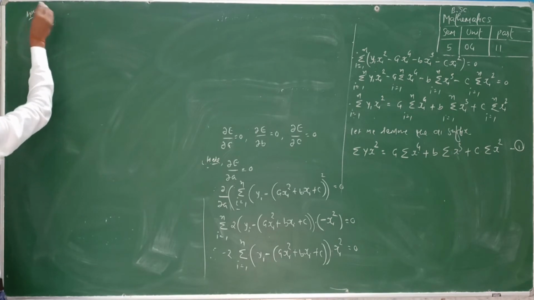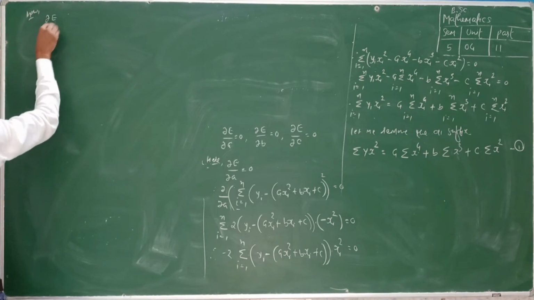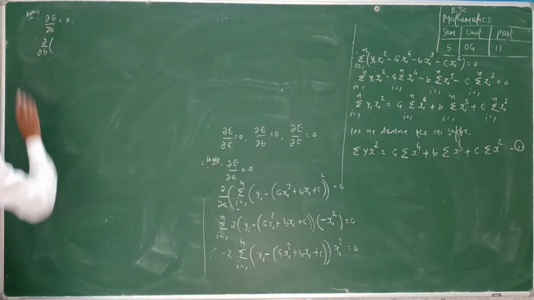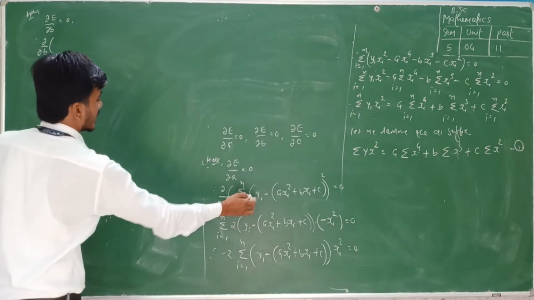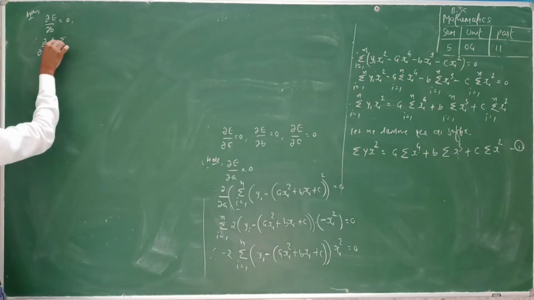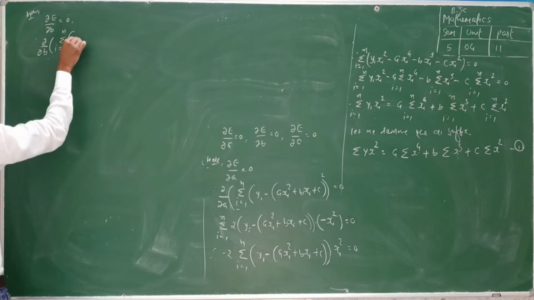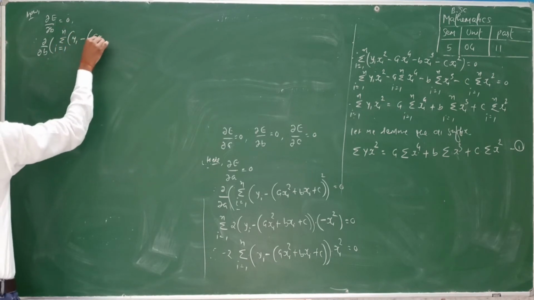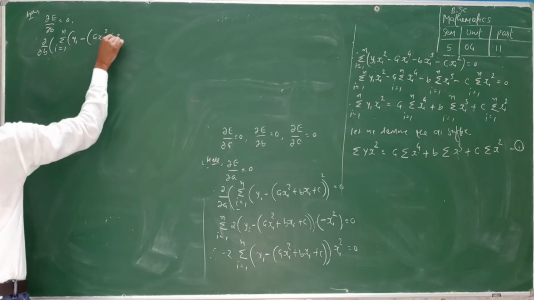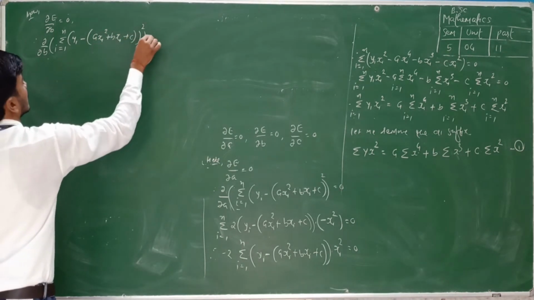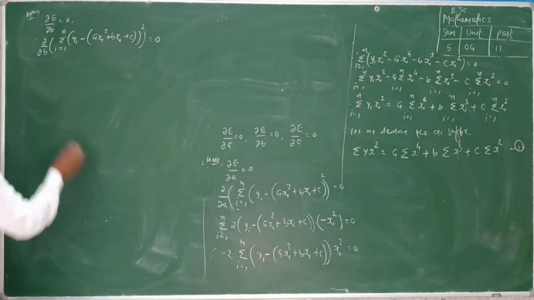Now del E upon del B is equal to 0. So del upon del B of E, that means sigma i = 1 to n of yi minus (axi square plus bxi plus c) whole square is equal to 0.